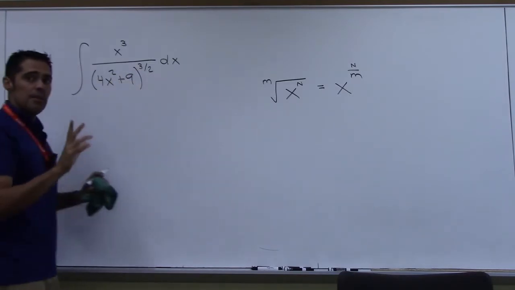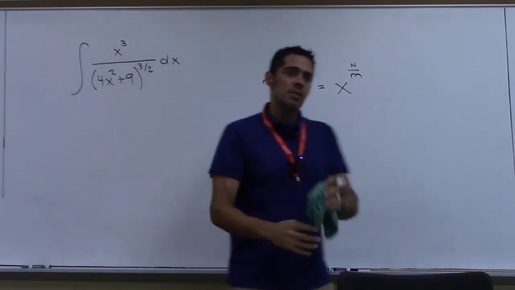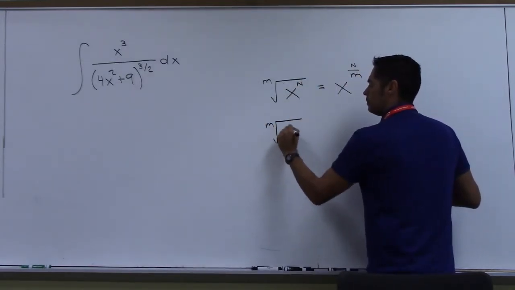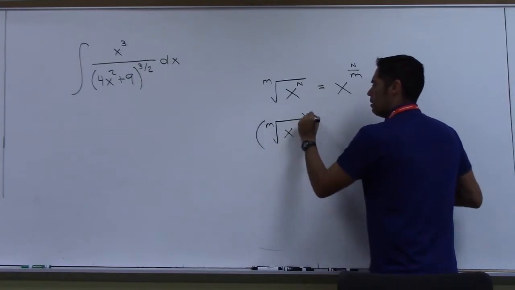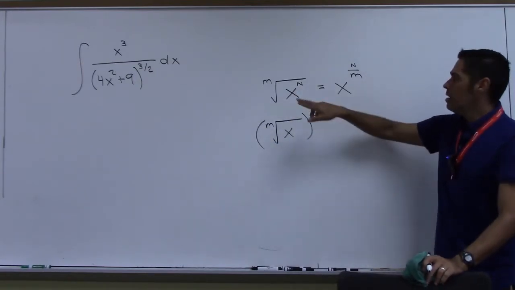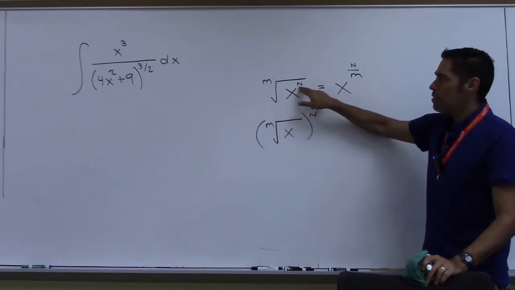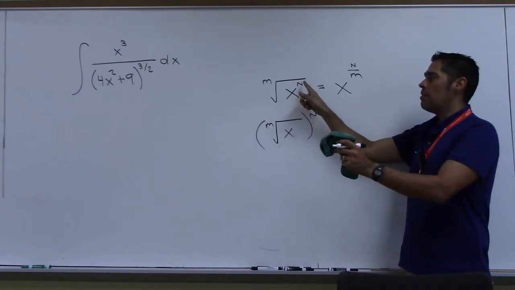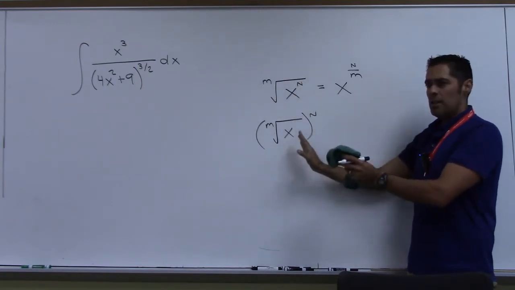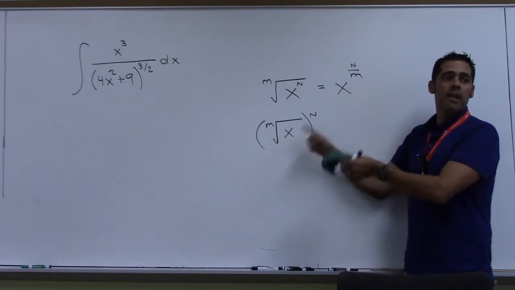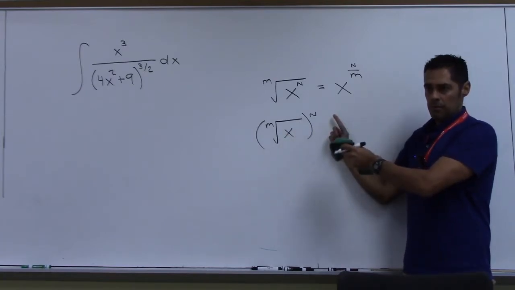But it turns out that you can also do it the other way around. This right here can also be done like this. So it's like an order of operations, and this order of operations doesn't matter. This version means do the power first, then take the root. So take x, raise it to a power, then take the root. This version does what? Take x, take the root first, then apply the power. Okay?